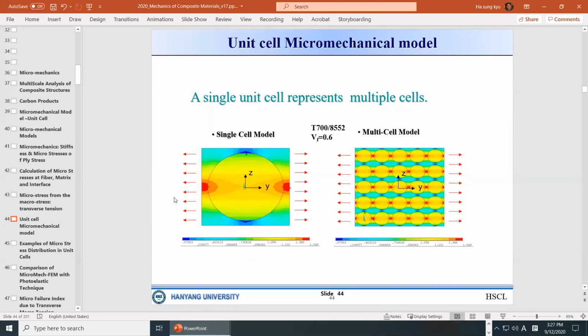And the concept of a single model needs to be well understood. This one is not just one fiber. This represents a multiple model. So when we calculate this stress amplification factor or M distribution, we need to apply the same boundary condition as noted here.